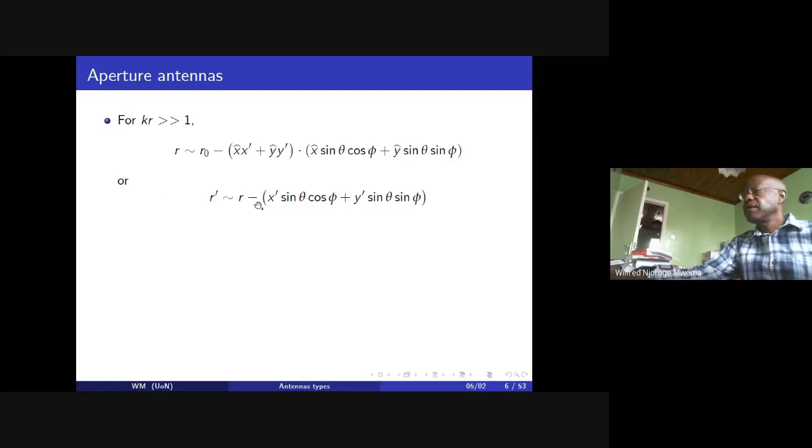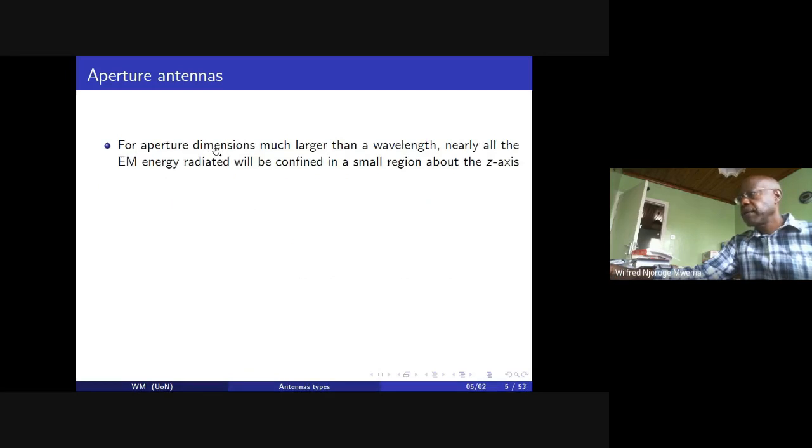The x cap should not be there in the slide. In other words, r prime is just going to be given by r minus that dot product, where r is of course the distance of the field point from the center of the aperture. Let's see, this is what I mean.